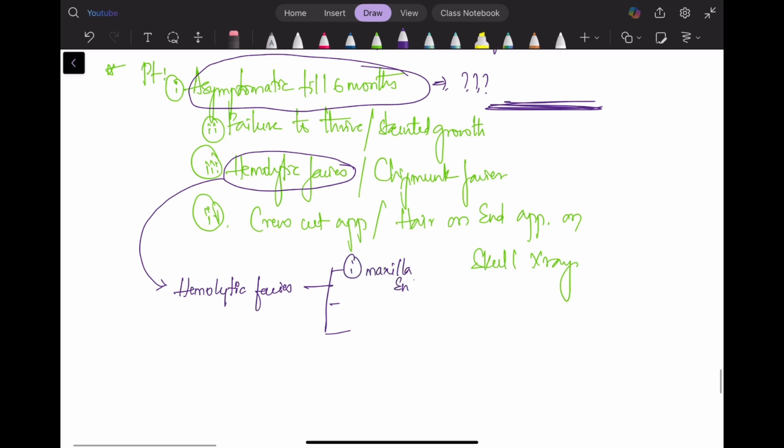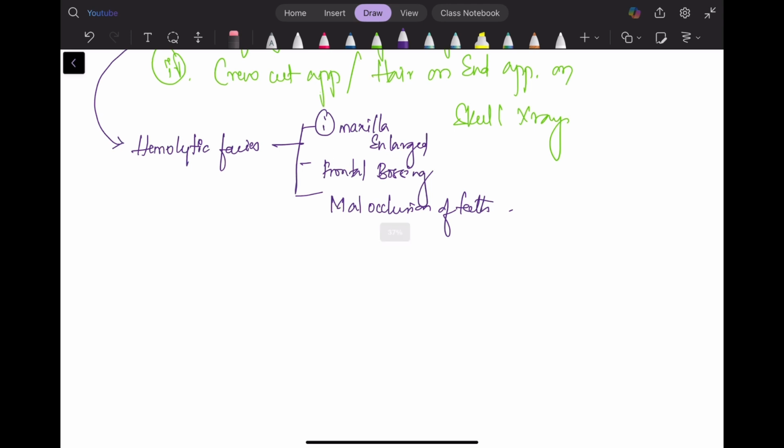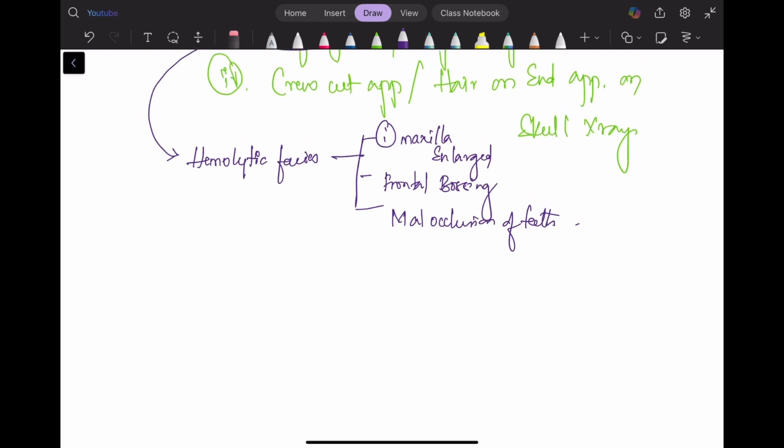Maxilla enlarged, then frontal bossing, then what else, malocclusion of teeth, right? Malocclusion of teeth. So these are the 3 main typical features you will find in hemolytic phases.